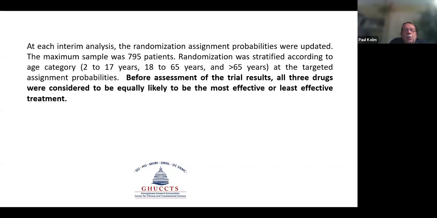They're going to assume that all three drugs will be equally the most effective or the least effective. In other words, in the terms that we commonly use with the frequentist notion, there's going to be no difference.